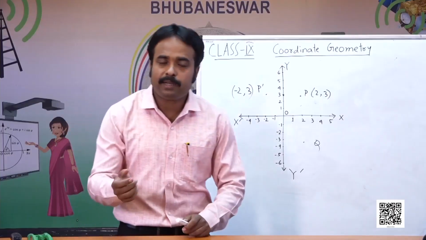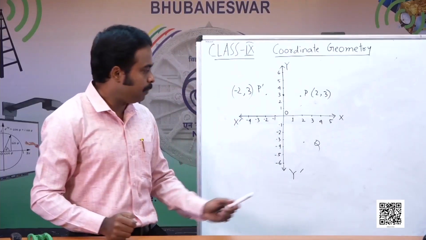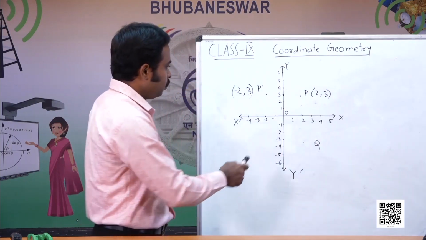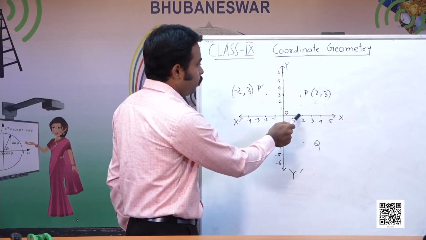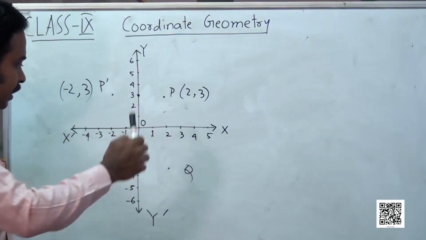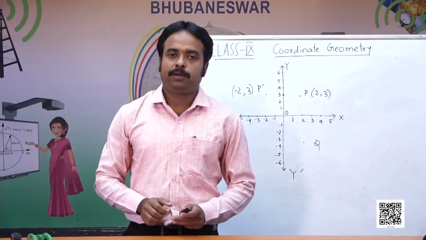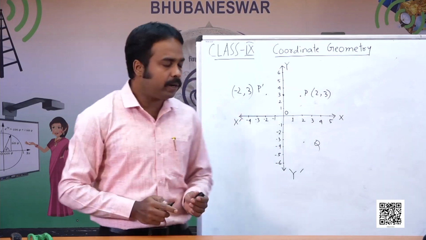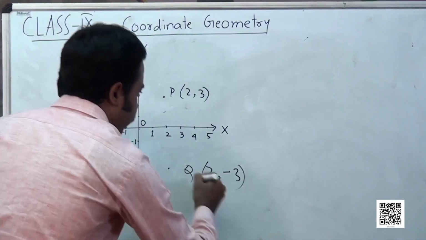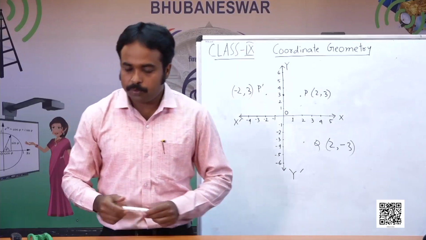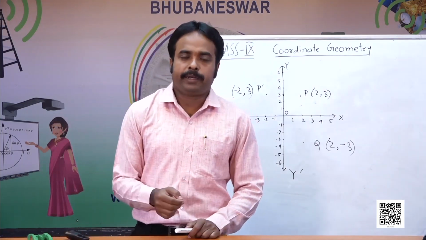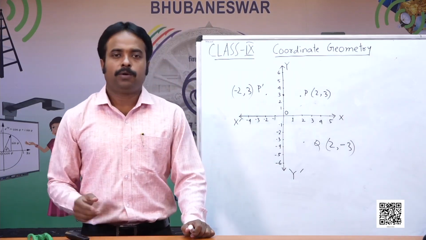Now, you may easily find out the coordinates of the point Q. We have to go 2 units along the positive direction of the x-axis and 3 units along the negative direction of the y-axis. Therefore, the coordinates of Q are (2, -3). So, in this way, we can find the reflection of any point with respect to the x-axis or y-axis.